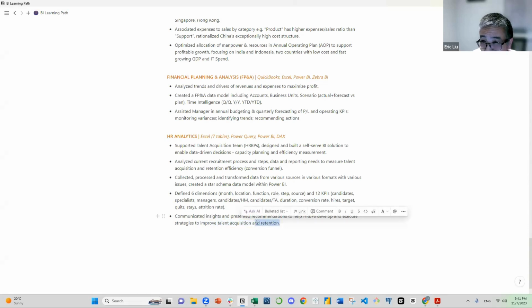I think those of you who work in CRM probably have heard of it; it's the same for customer acquisition and retention. You want to find good customers and keep them, right? And the same is true with talent. So I think this part is good: improve talent acquisition and retention.